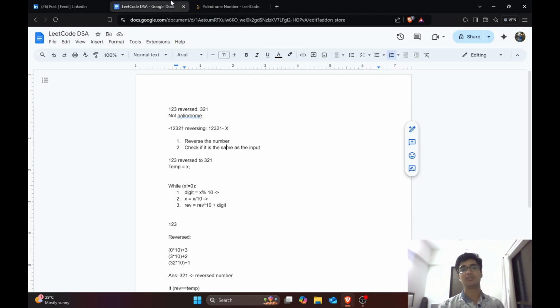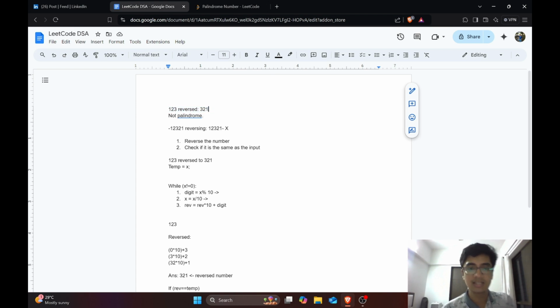I'll show you the logic over here. To check if a number is a palindrome number or not, the first step, I would say, is to reverse the number. So this is to be iterated again and again till the input number is not equal to 0, right?